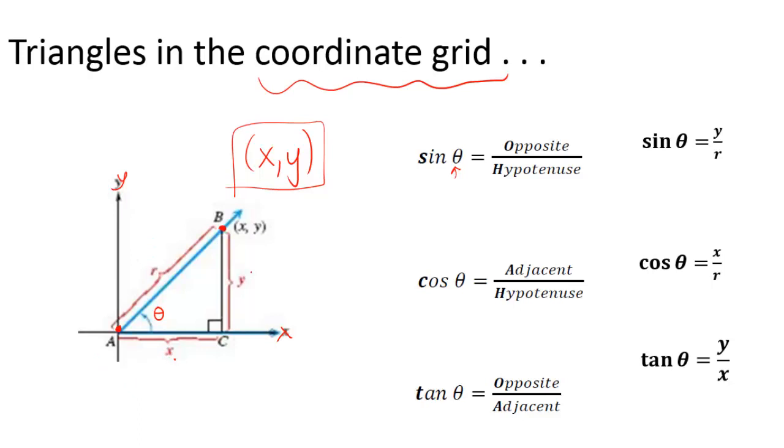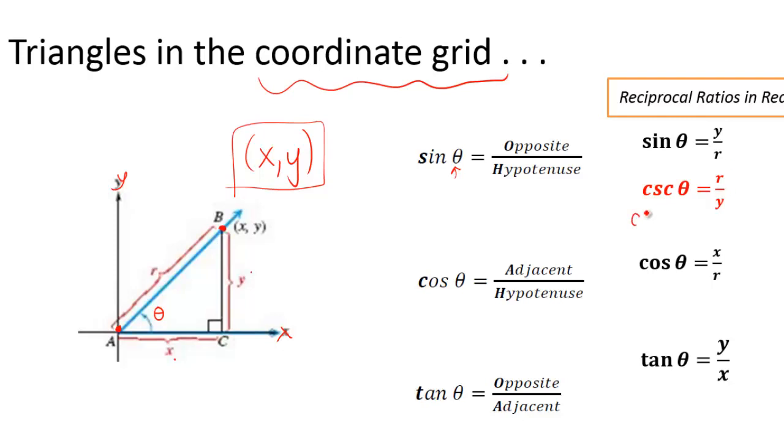Now, remember that these are the three key trig ratios, or trig functions. But there are also reciprocal ratios, and those are coming up in red. The reciprocal of sine is the cosecant. The reciprocal of cosine is the secant, and the reciprocal of tangent is the cotangent.